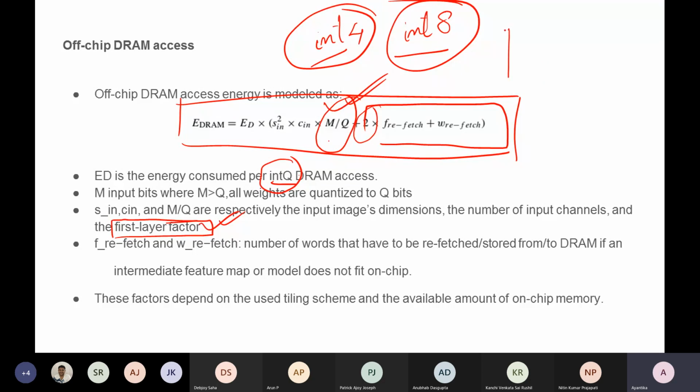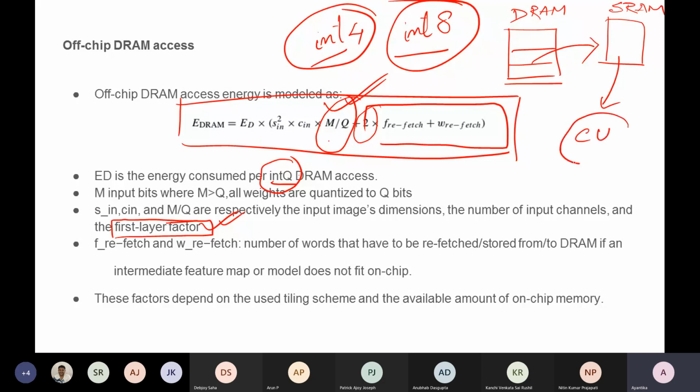Refetch means, as I mentioned last year, we have something in the external DRAM, and from that DRAM we are taking data and coming back to the SRAM. Then we use that data from the SRAM, because our computing unit, the CU, can only access values from SRAM, and it cannot directly access DRAM.